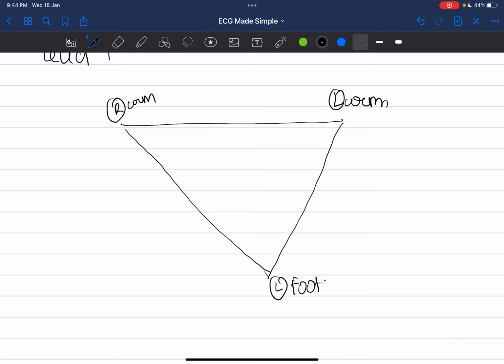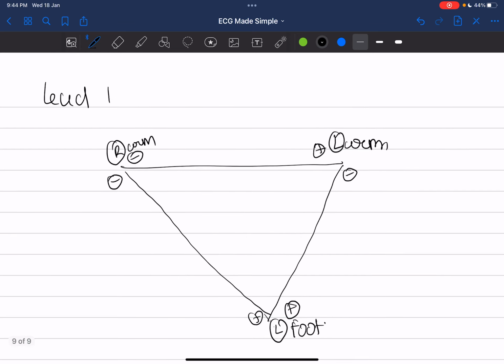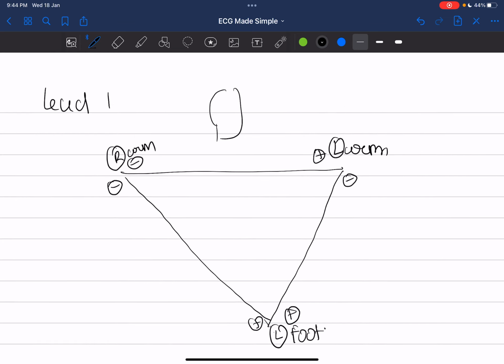The foot is positive and the right arm is negative, and this left arm is positive and this is negative. Imagine a guy whose face is this, and think this is hand and leg. Sorry for my diagram, I'm not so good at it.